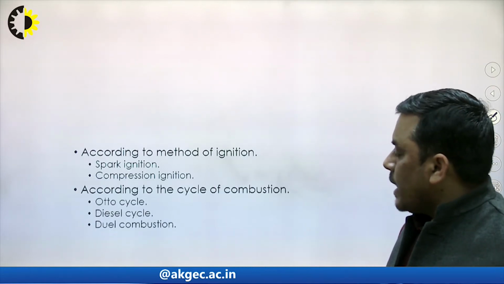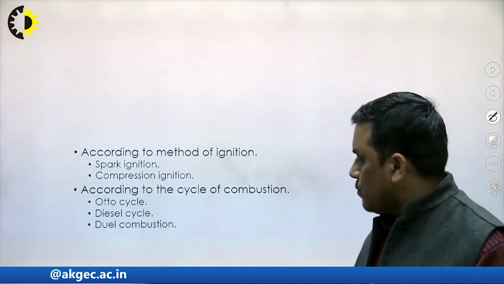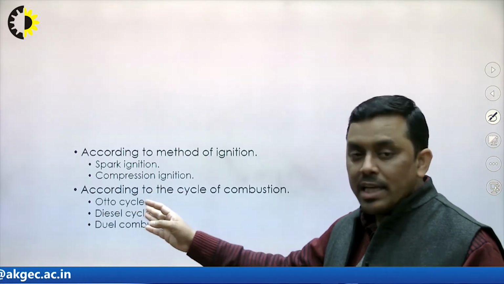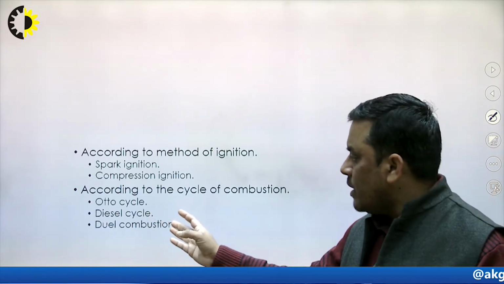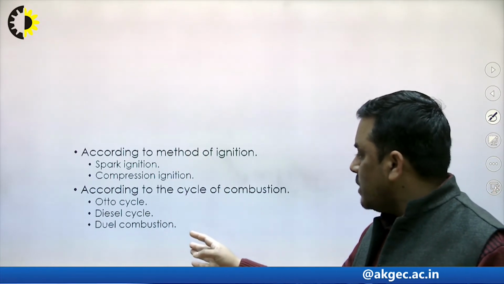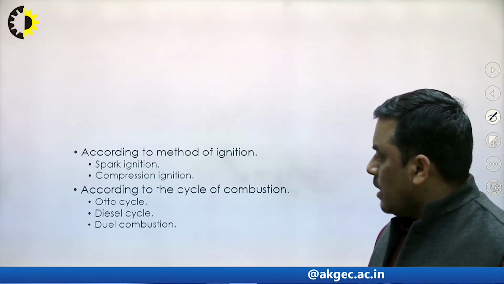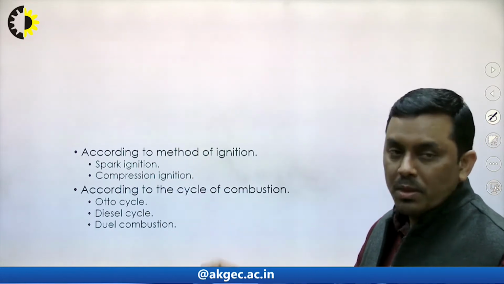According to the cycle, the Otto cycle is generally used for petrol engines, the diesel cycle for diesel engines, and the dual cycle is also used somewhere. Here we are only naming the different types of classification, but in coming videos all these terms will be discussed.